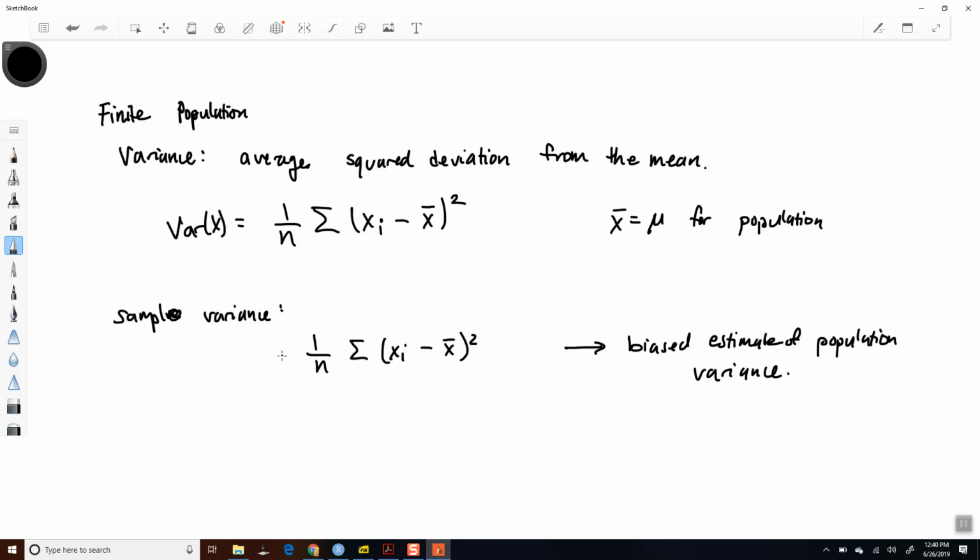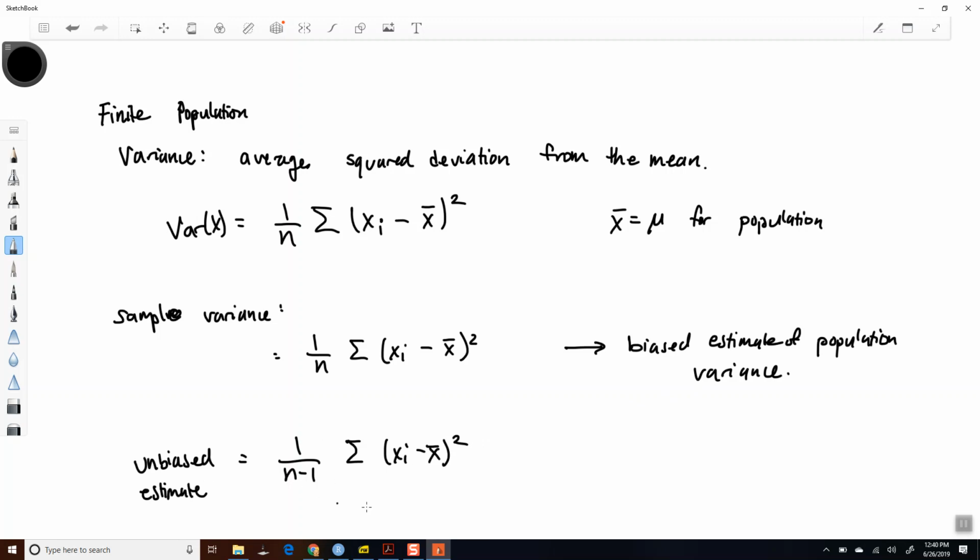And why is it going to be biased? How do we make it unbiased? One over n minus 1. That gives an unbiased estimate.